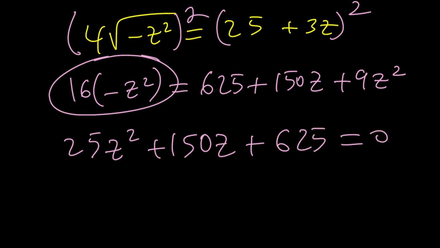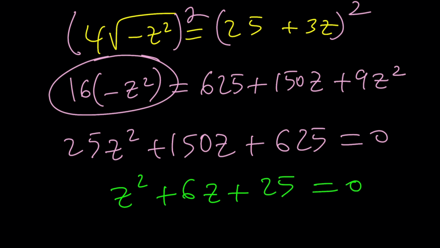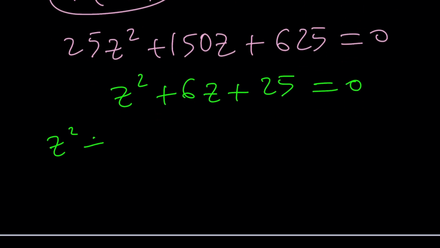Nice. Can we divide by something? Possibly 25? Absolutely. If you divide by 25, you're going to get z squared plus 6z plus 25 equals 0. That's really cool, isn't it? Well, maybe. You can use the quadratic formula or completing the square. I think completing the square will be fun here, so let's do that.